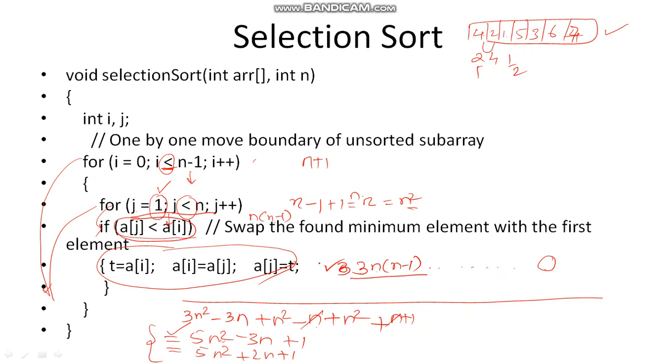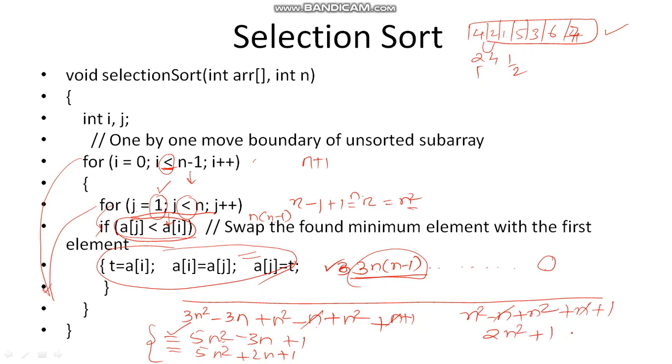Whereas if these instructions are not at all executed, in that case it will be n square minus n, then plus n square, then plus n plus 1, and minus n and plus n go. So the equation we get is 2n square plus 1.